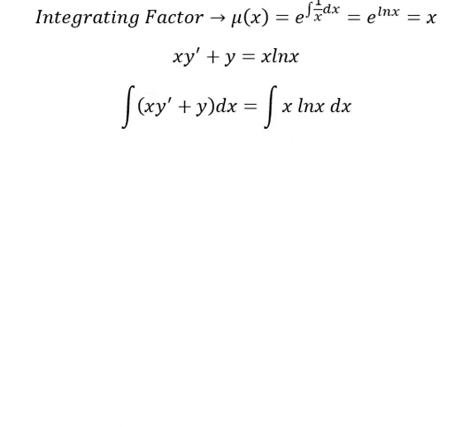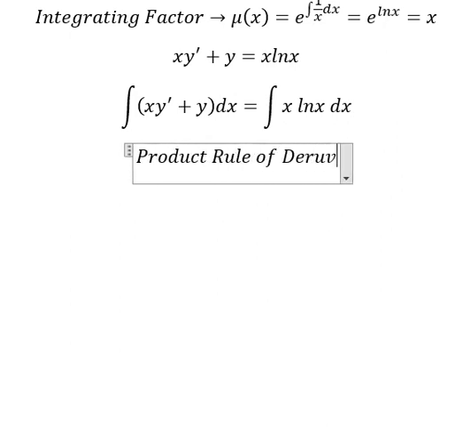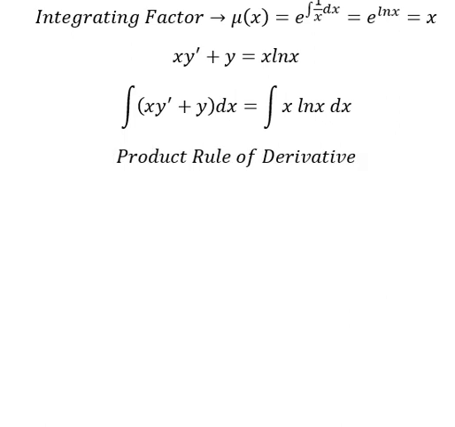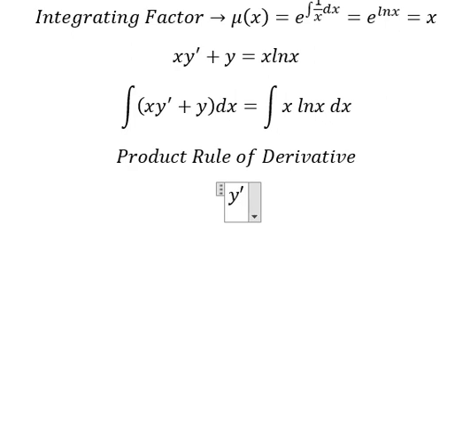So we can use the product rule of the derivative. So we have first derivative of y equals first derivative of a multiplied by b plus first derivative of b multiplied by a.